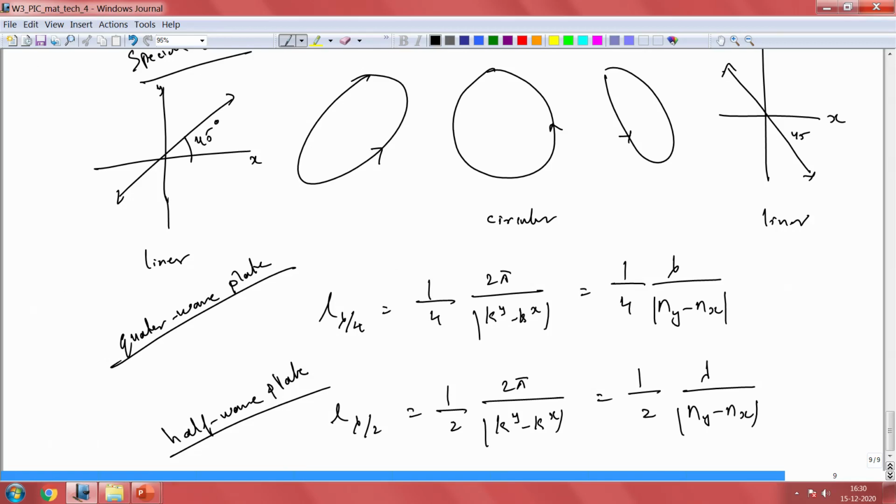So integer multiples of this would also give the same thing. If I have to be precise, it should be odd integer multiples, and the same thing here.